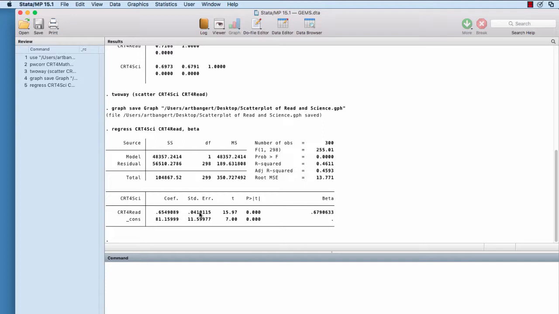This is a standard error, and what this tells us is that this coefficient is significant in terms of predicting or explaining variability in science achievement. This is the standardized beta coefficient. So this coefficient is standardized in the sense that it's scaled on a mean of 0 and a standard deviation of 1.